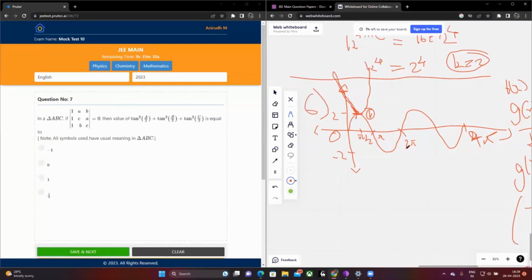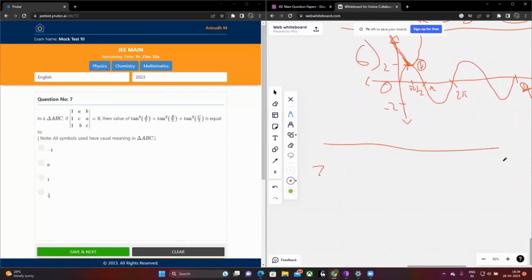So then question number 7, where you have this big determinant. This is pretty easy to solve because you know the determinant property that row 2 minus row 1 does not affect the value of the determinant, right? And so you have this 1ab, 1ca, and 1bc equals 0, right?